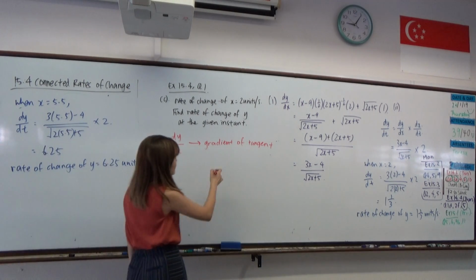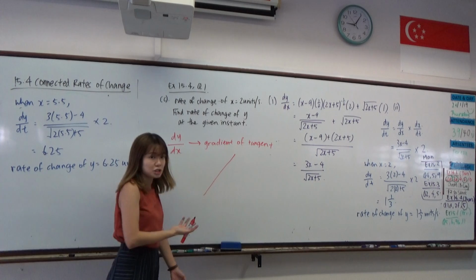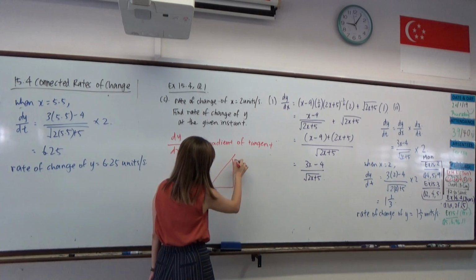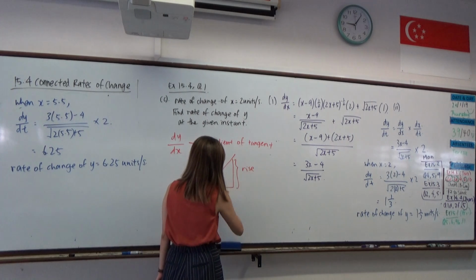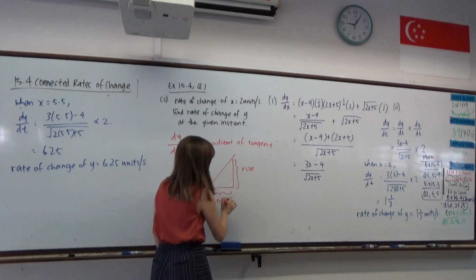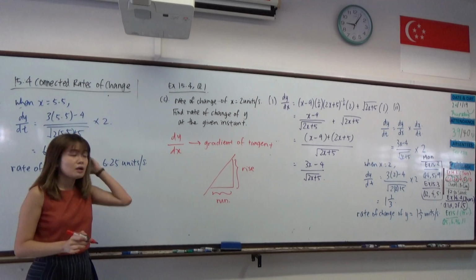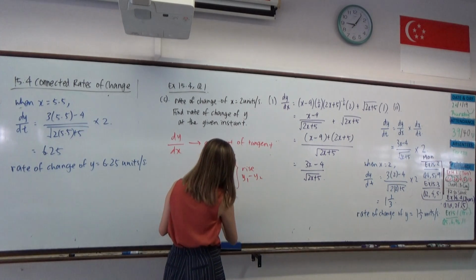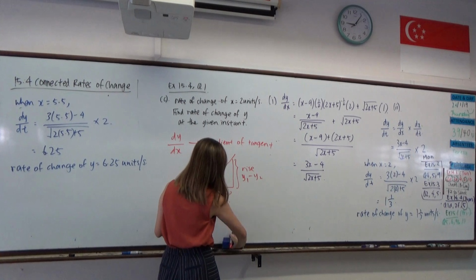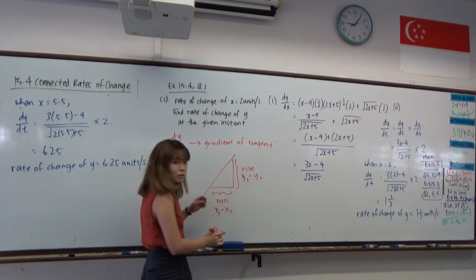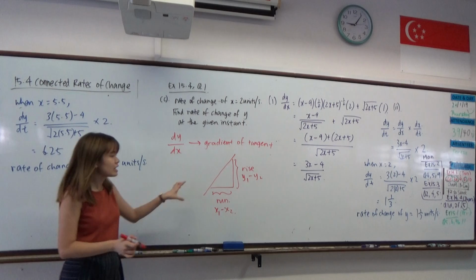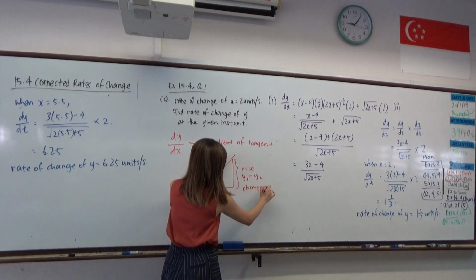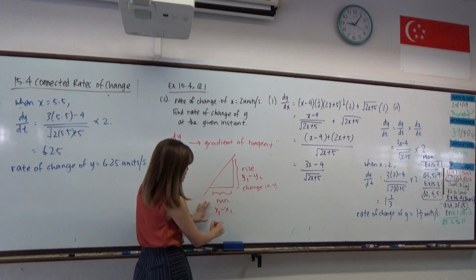But then we understand that for a straight line, the gradient is rise over run, right? Agree? Okay, which actually is (y2 minus y1) over (x2 minus x1). This is the formula that we know. So it is actually the change in y, and this is the change in x.